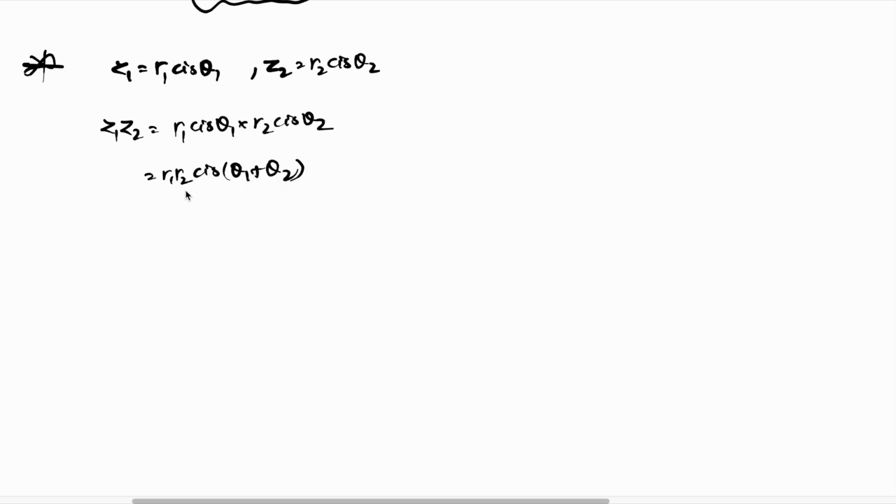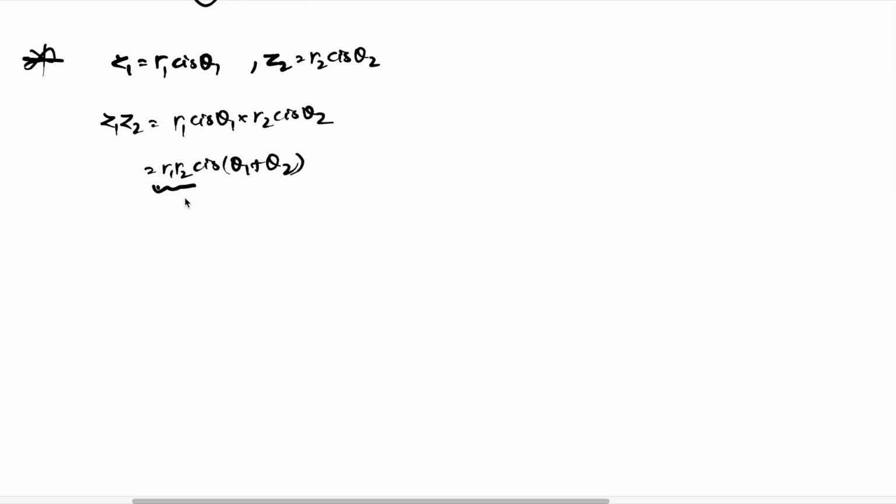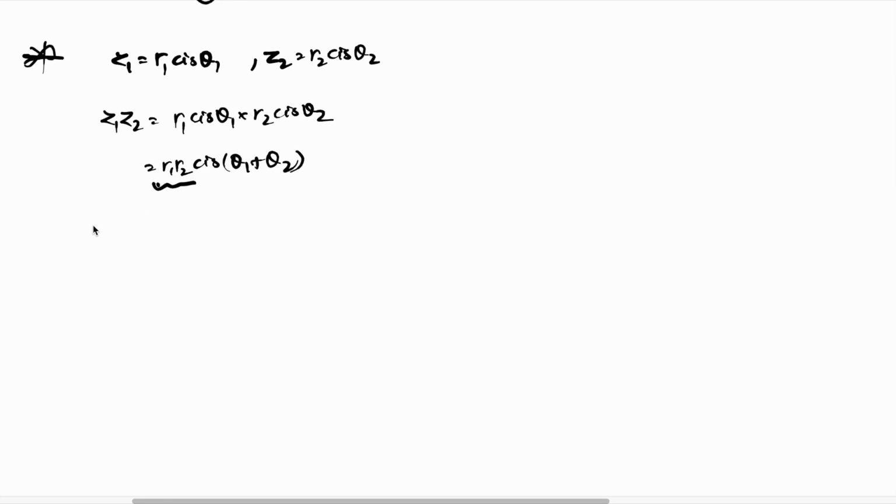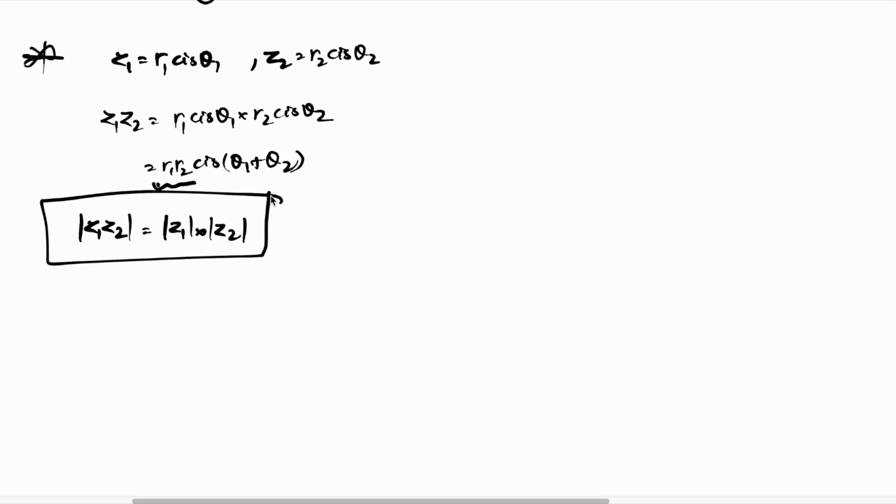As of now, I'll focus on the moduli of the two complex numbers here. One important property which I can see is that modulus of z1 into z2 is nothing but modulus of z1 into modulus of z2. So this result is true. In fact, it works for more than two complex numbers multiplied as well.